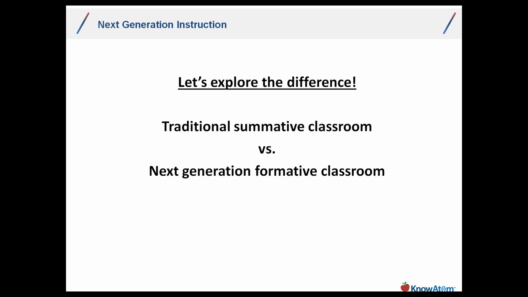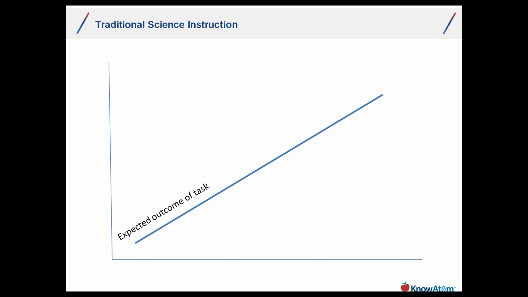So I want to look at it at a very high level, the difference between a traditional summative classroom and the next generation formative classroom. So a traditional classroom functions with this idea. Picture this as a graph, okay, and that there's an expected outcome for a task.